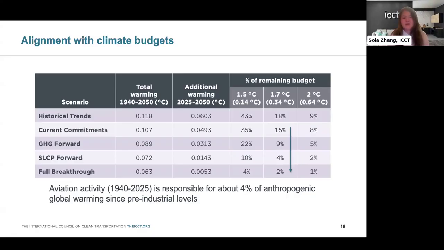And then what's worth noting is that in the full breakthrough scenario, we can also keep aviation's share to the 4% that we're seeing today, under the 1.5 degrees Celsius scenario. There's only 0.14 degree left in this particular temperature scenario.